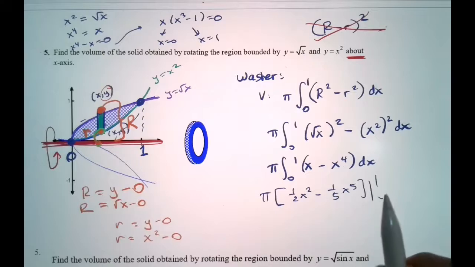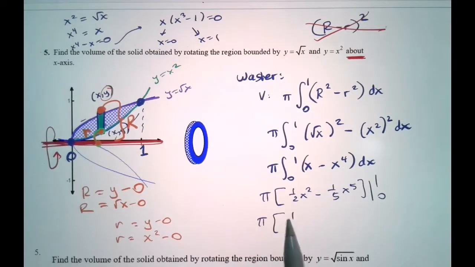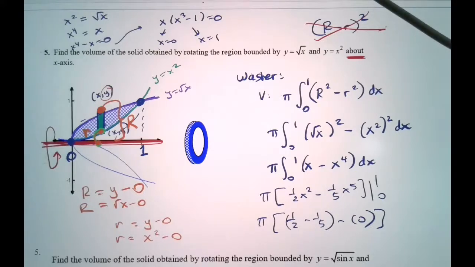I'm going to plug in a 1 and a 0. So what do I end up with? 1/2 minus 1/5, and then 0. So what's 1/2 minus 1/5? Do a common denominator of 10. That would be 5/10 minus 2/10, which is 3/10. So 3/10 pi, or 3 pi over 10.